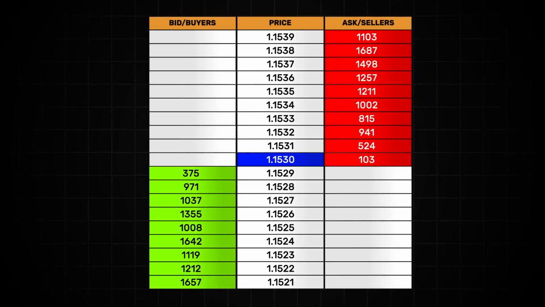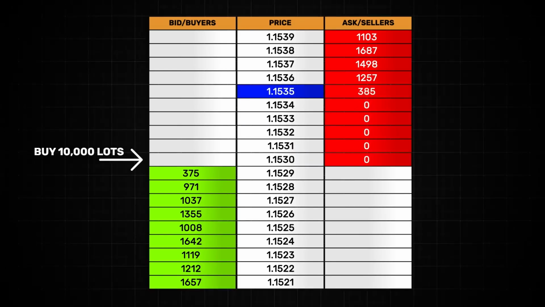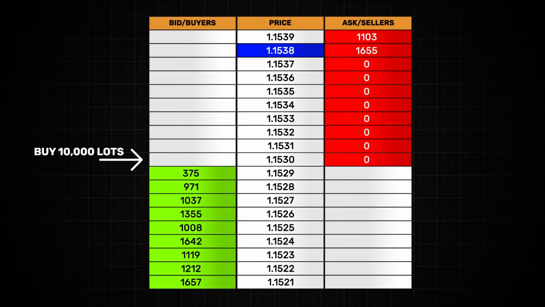Imagine this was an order book for EURUSD, and a large institution wants to buy 10,000 lots worth of contract at the current market. This is known as an aggressive order because it's entering directly into the market. This order has to be filled at the available ask price, and if the available ask price is not enough, it is going to consume all the other prices until that 10,000 lot is filled.